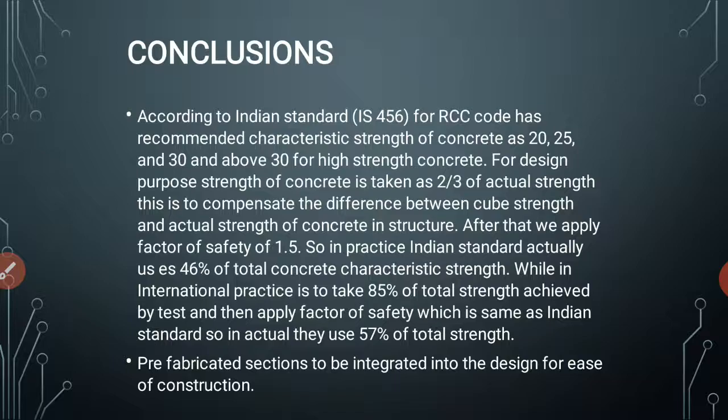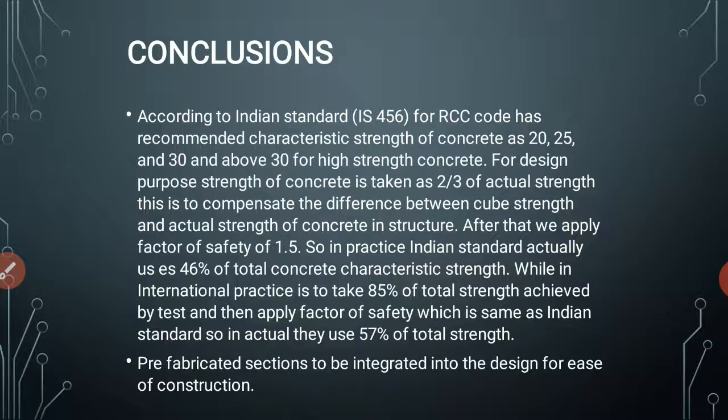So in Indian standard practice we actually use 46% of the total concrete characteristic strength, while in international practice they take 85% of the total strength achieved by test and then apply the same factor of safety as the Indian standard.